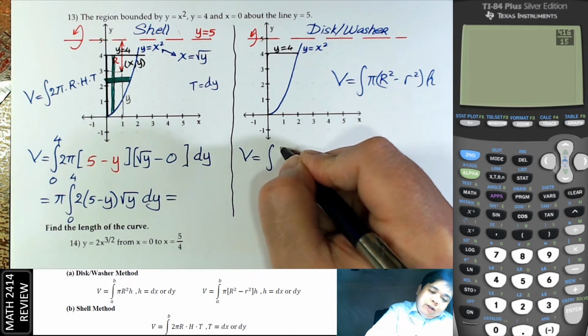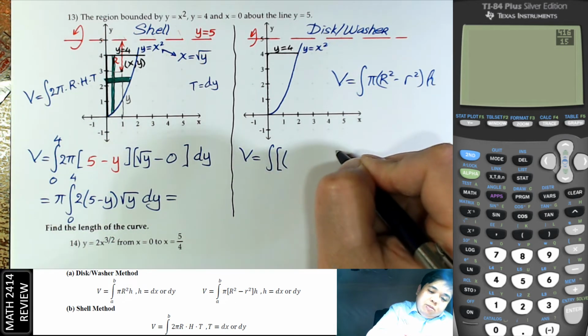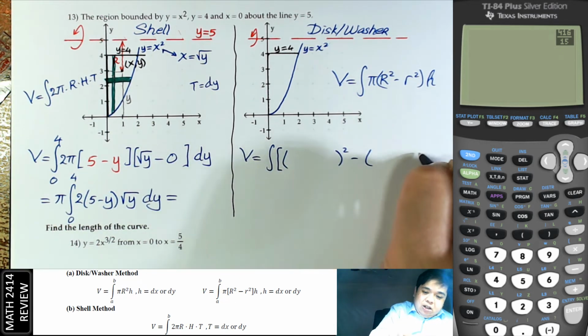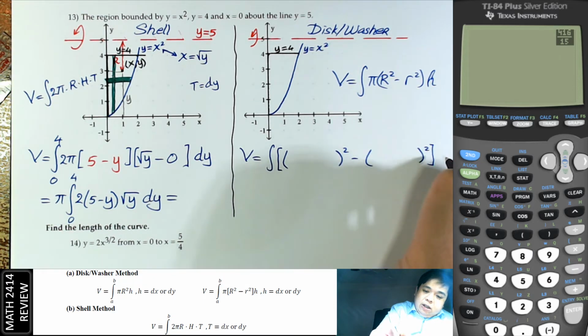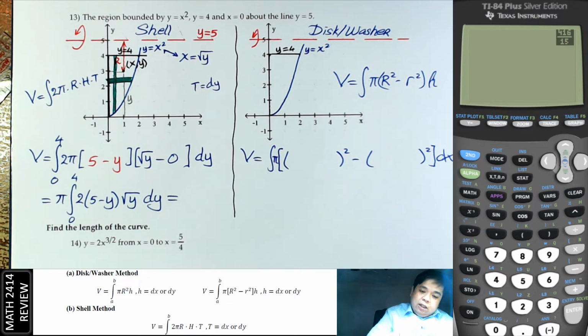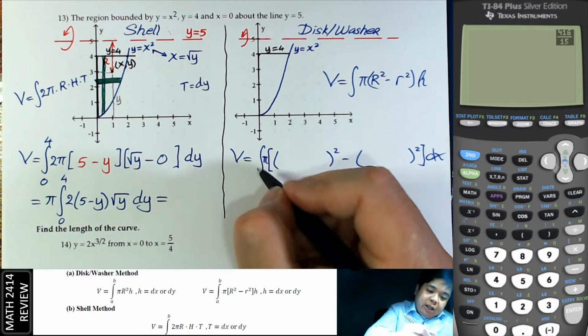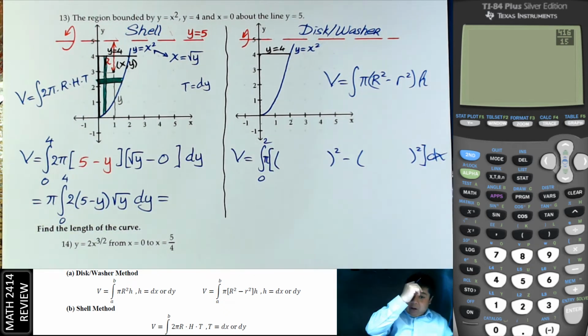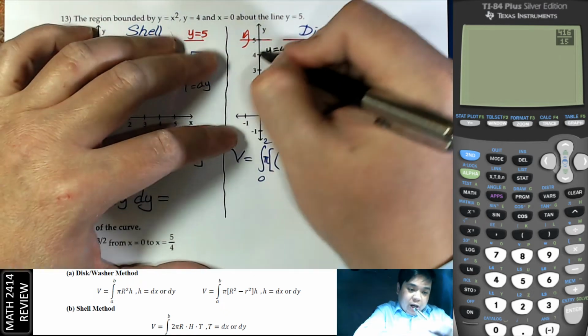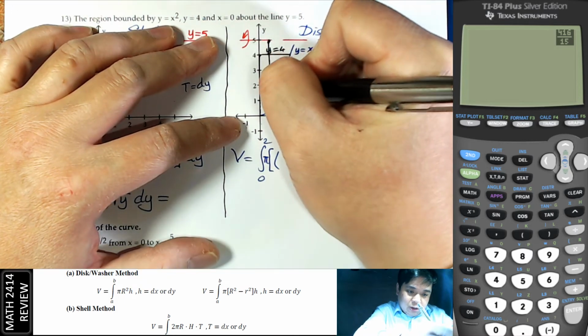We have the big radius squared minus the little radius squared, dx, and there's a pi. The limits for x go from 0 to 2. Right, so that's what we have. Now the big radius is from the axis of rotation to the outer edge.